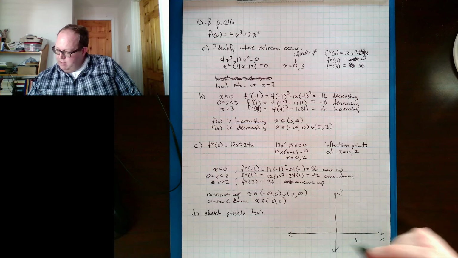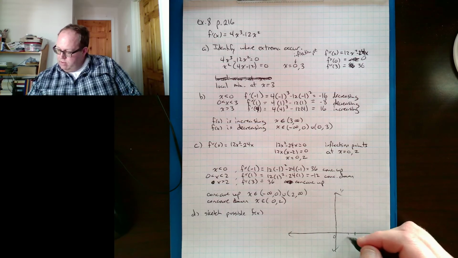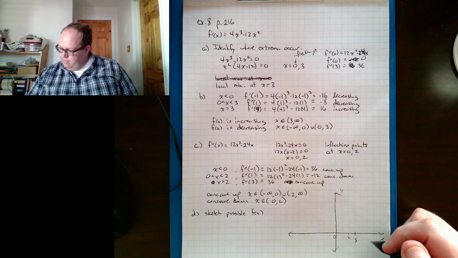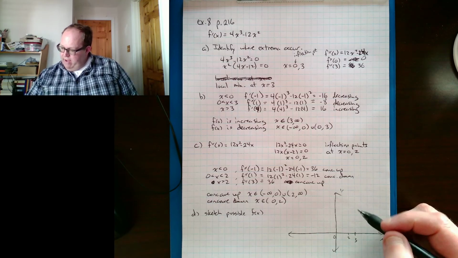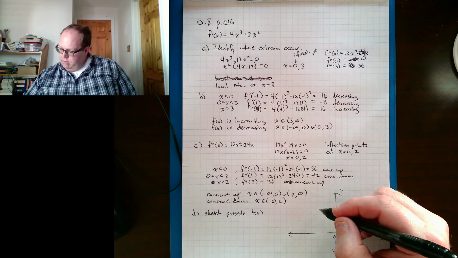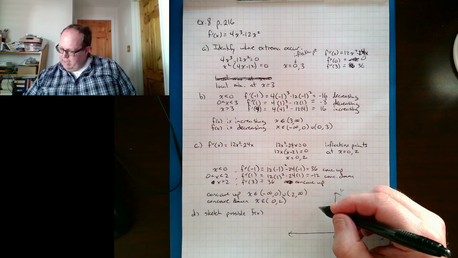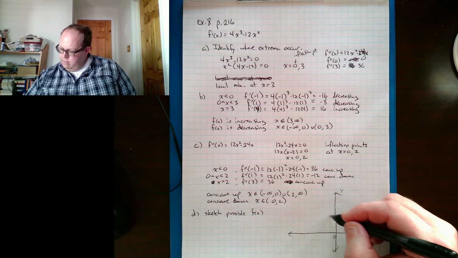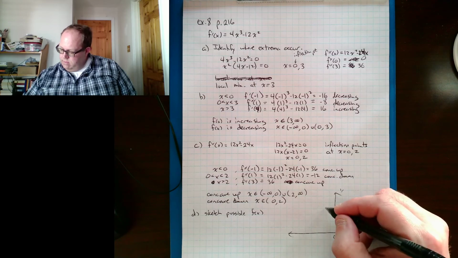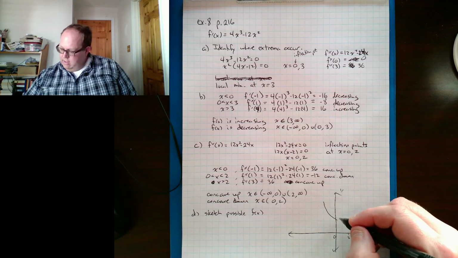I have inflection points at 0 and at 2. I'm going to wish I drew this out bigger. My graph is decreasing up to 0 and then decreasing again.